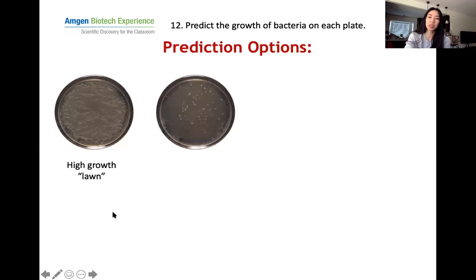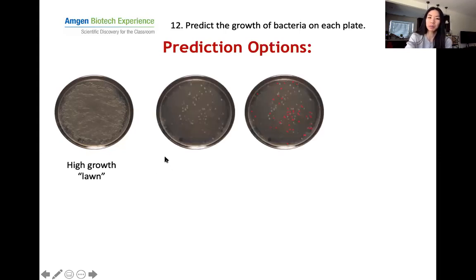The second option is colonies. This we would say is low growth because out of all of the cells that were in the solution, only a couple become transformed or will grow. So these are single cells that are able to survive.